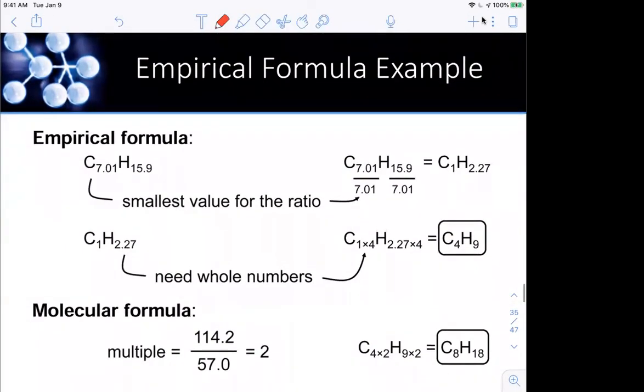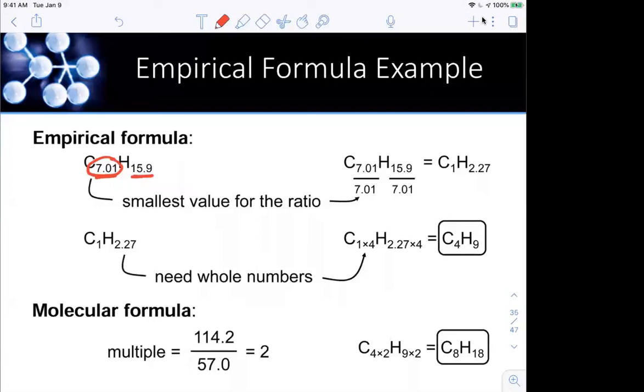So basically, this is my pseudo formula. The formula, my molecular formula using the subscripts, really is just a ratio of the moles in the compound. So I'm going to take the smallest value here and divide both by that smallest value.